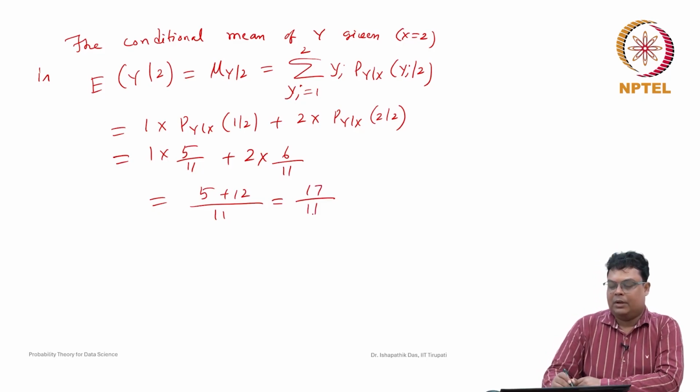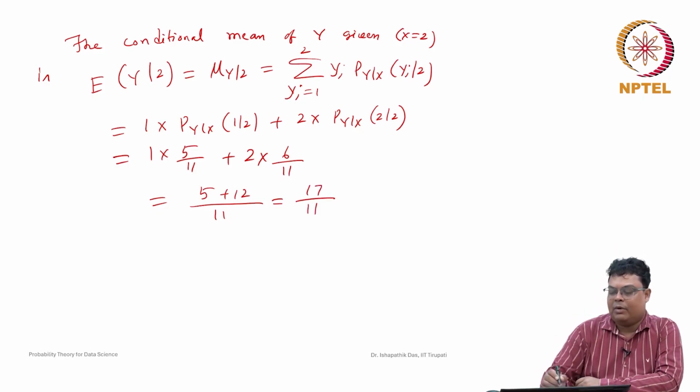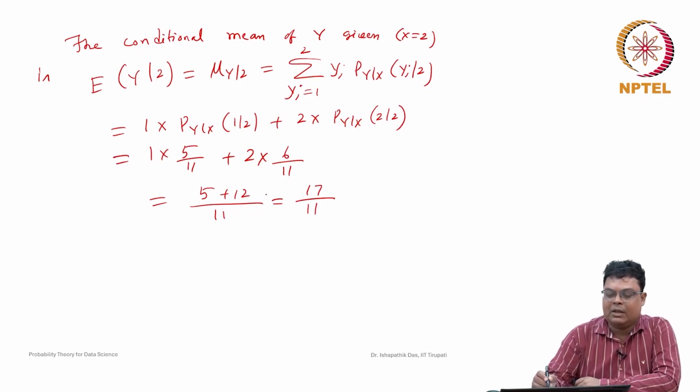So this is 17 by 11. Now to find the variance we will use the simplified formula. This is the conditional mean.